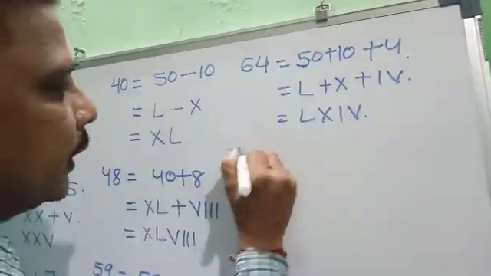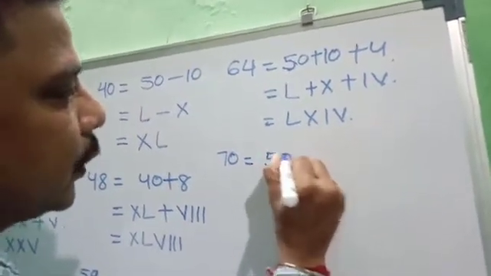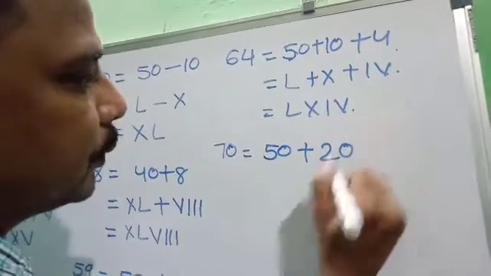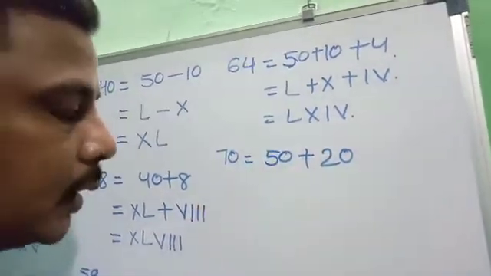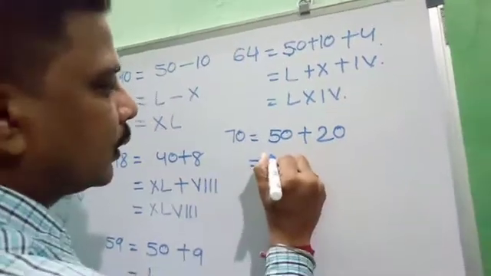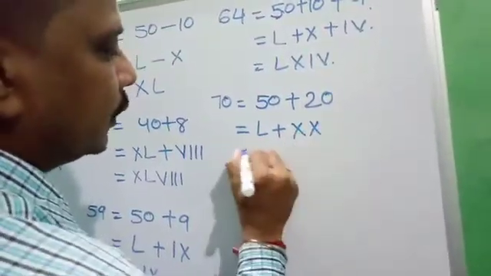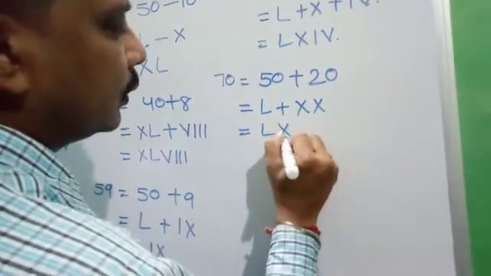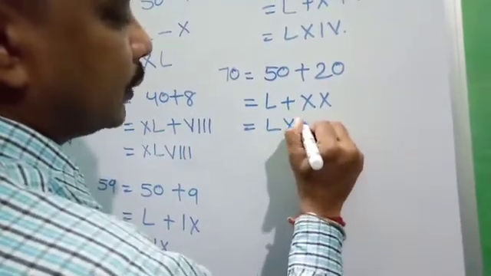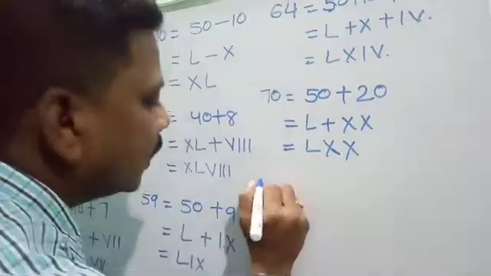Suppose we have to write 70, then 50 plus 20, or 60 plus 10. 50 is L and 20 is double X. So the Roman numeral is LXX for 70. Okay.